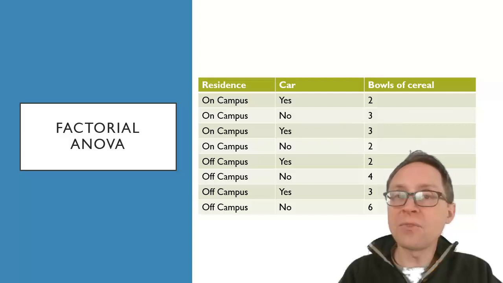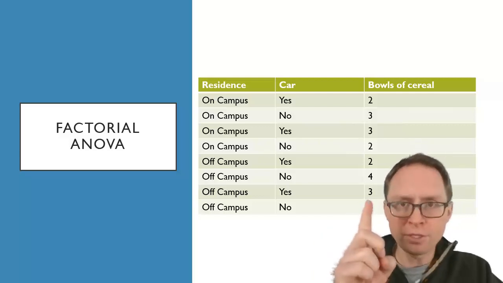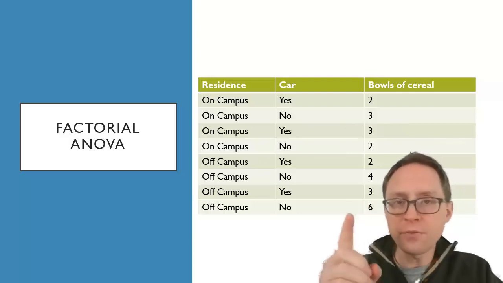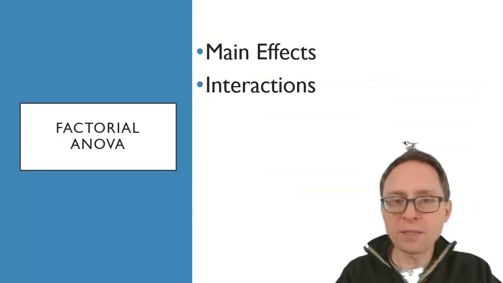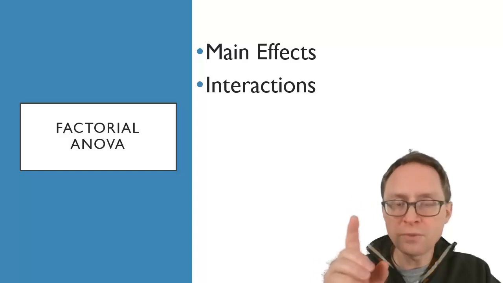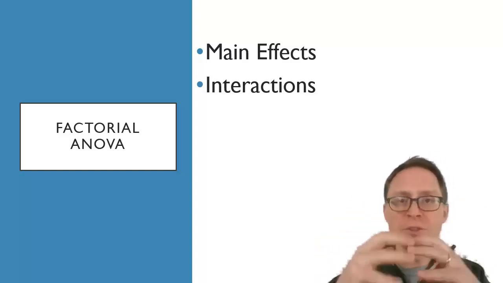That would be the main effect. The main effect looks at one of the factors on the dependent variable alone, without the influence of the other factors. So for example, the main effect is going to be the effect of each factor by itself. The interaction is going to be the combination, the mixture of them.